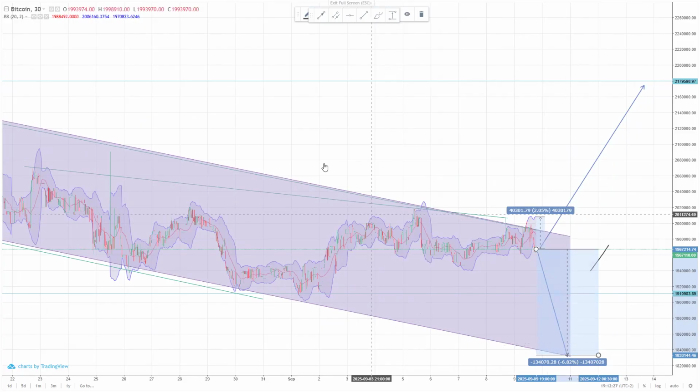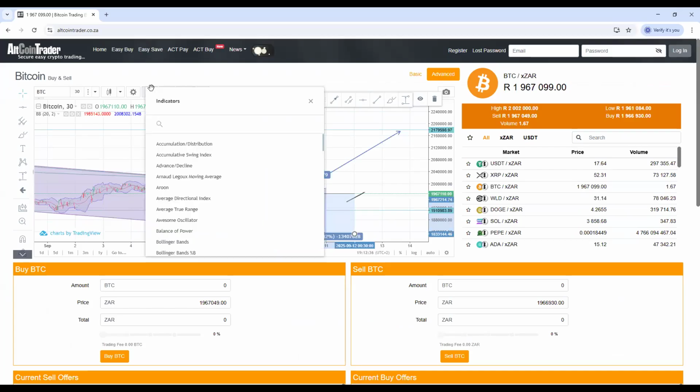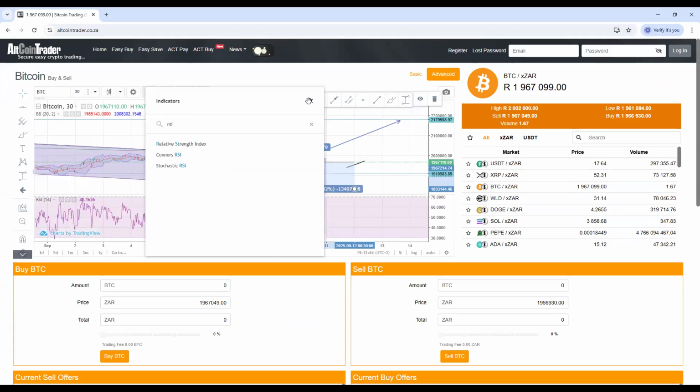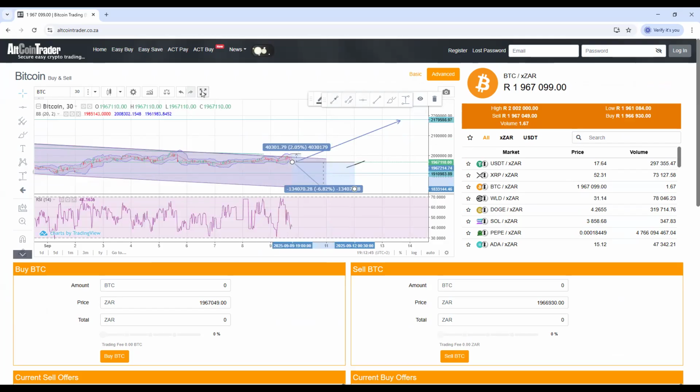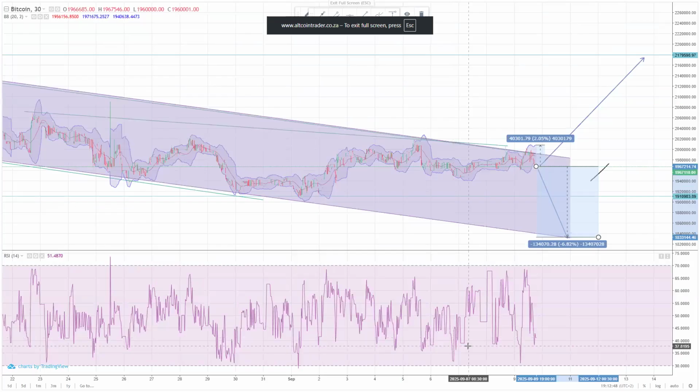So we want to combine the tools to see how effective we can be. My next tool I'm going to use is RSI, Relative Strength Index. And then I'm going to open full screen again and see where the Relative Strength Index tells me we are.